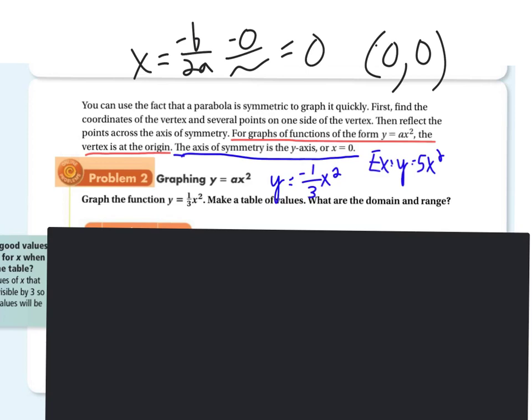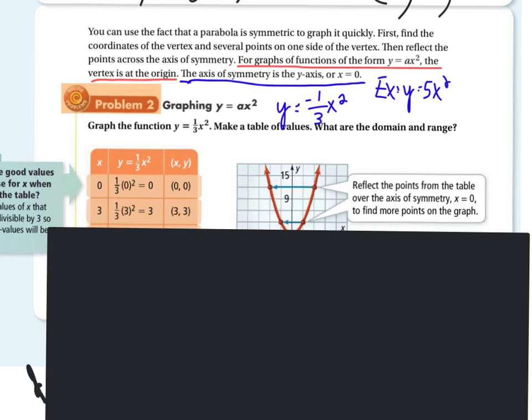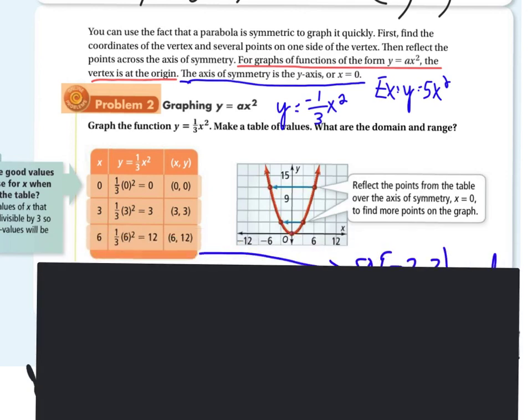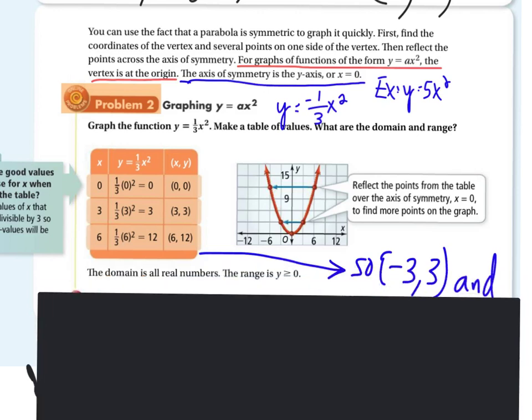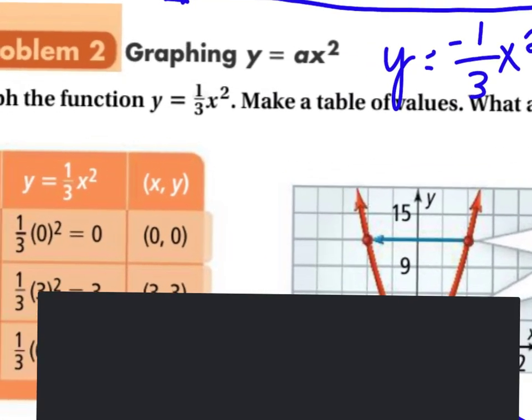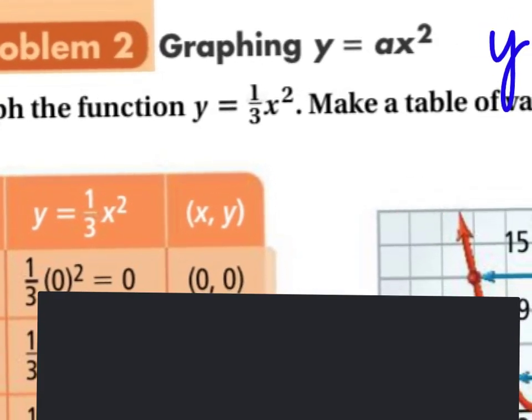So if you look at problem 2, they want us to graph y equals 1/3 x squared, similar to my one example I just gave there. And then they're also asking what the domain and range are. So automatically, since there's no x term and there's no constant, our line of symmetry is the y-axis, or x equals 0.